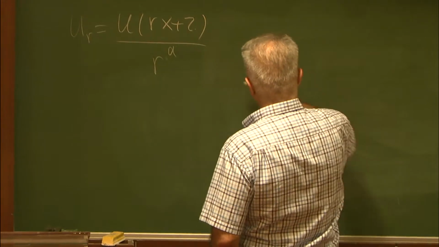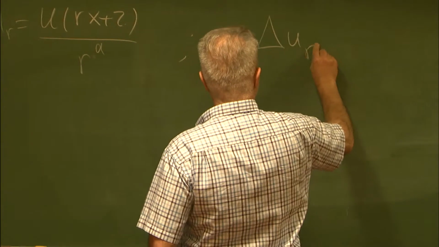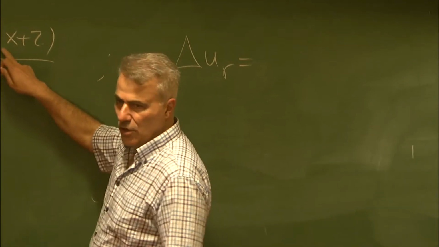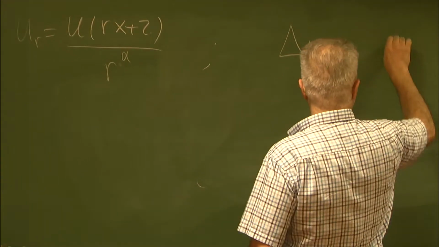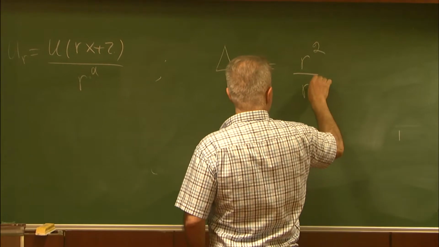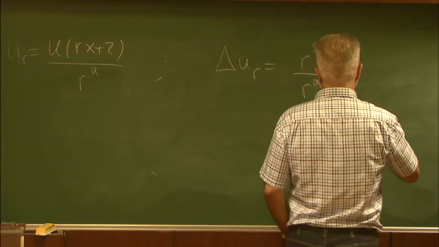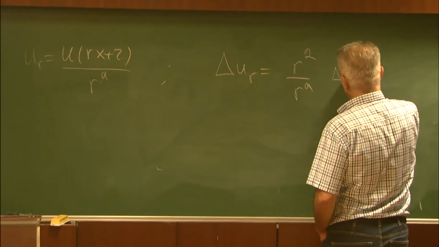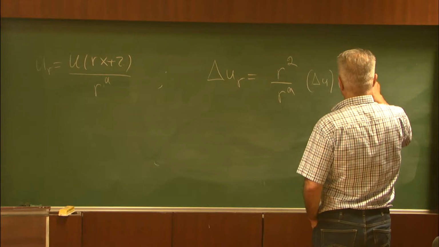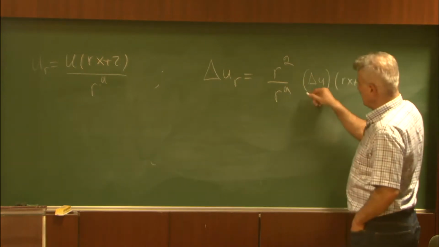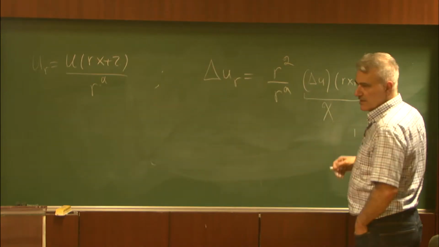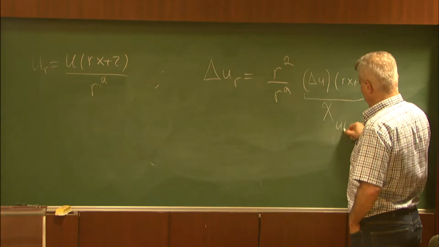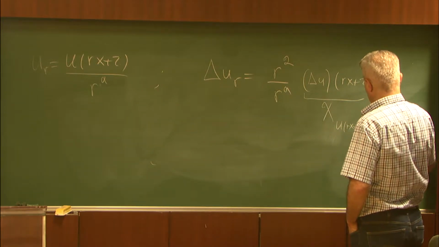So the first thing is, the Laplacian of U_R is what? R to the power 2 comes out, and then you have R to the power A, and then you have the Laplacian of U at the point Rx plus Z. But this is a characteristic function, meaning Rx plus Z is positive.